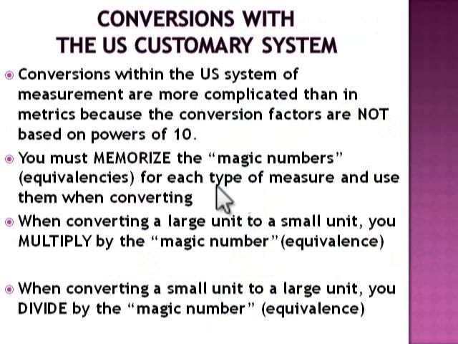Just a reminder, you have to memorize those numbers, those equivalences for each type of measure, and you need to know that when you're changing from a large unit to a smaller unit, you multiply by what I'm calling the magic number, or when you're converting from a small unit to a large unit, you have to divide by what I'm calling the magic number or the equivalent number.